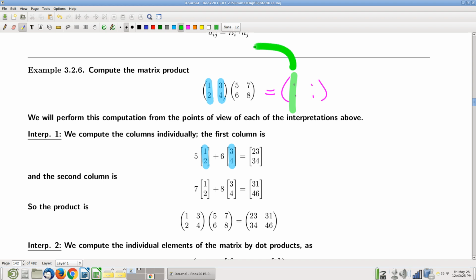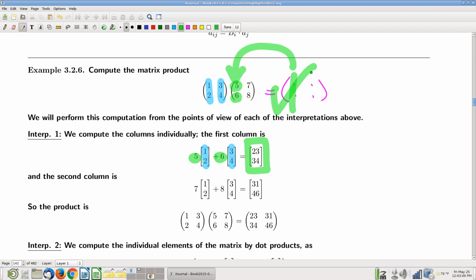You use the corresponding column of the right matrix to give you your coefficients. So in this case, 5 and 6 are our coefficients. And you multiply that out, you get this. That's the first column of the product matrix.